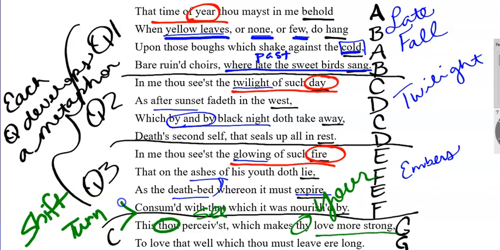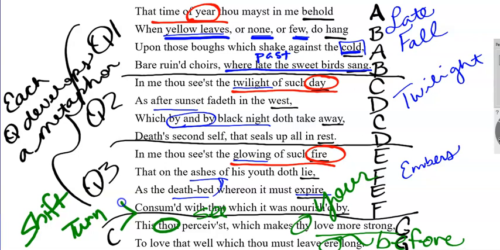So he says, yes, you can see this, but it makes your love stronger. To love that well which thou must leave ere, means before. So what he says is, you love me more, even though you can see that I'll be gone before long.